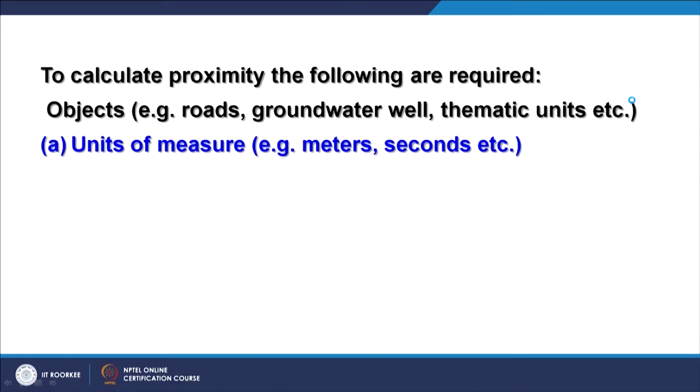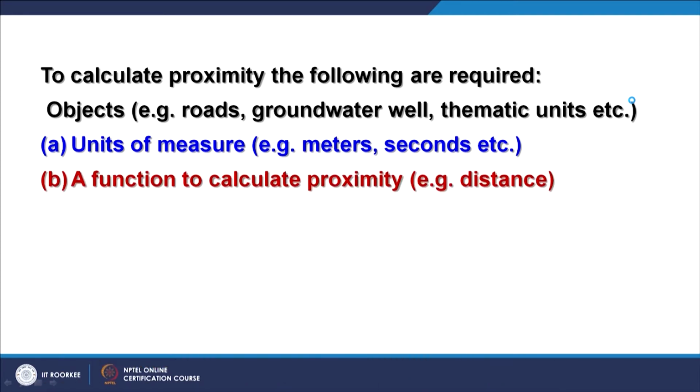And then you require a unit of measurement, because if buffering has to be created, then you have to provide whether it has to be in terms of distance, or time, or concentration. And then a function, basically an algorithm or knowledge about the phenomenon for which you are going to use this proximity function, and that to calculate proximity.